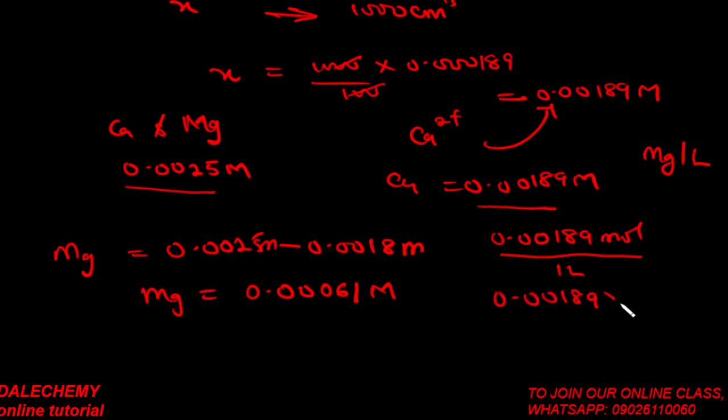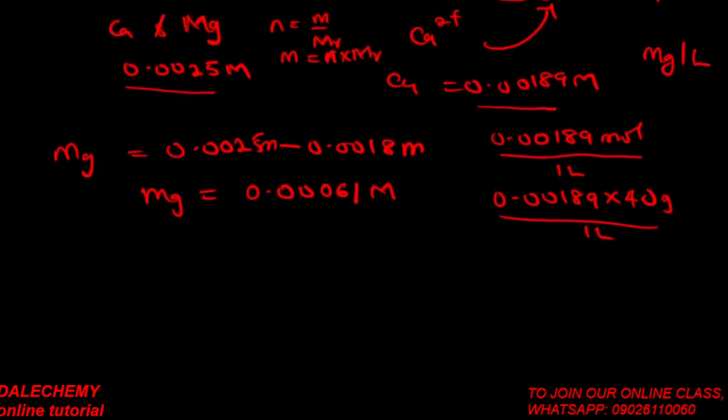If you want to convert it to mass, number of mole is mass over molar mass, so to get the mass, it will be number of mole times molar mass. So you multiply this number of mole times the molar mass of calcium, which is 40. That will give you gram over 1 liter.